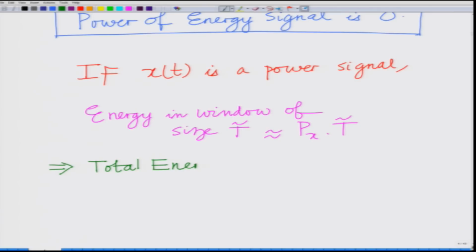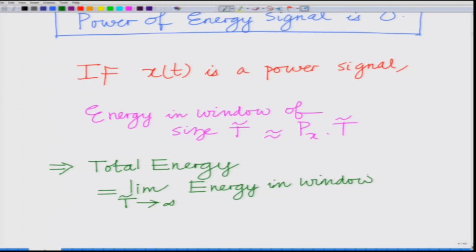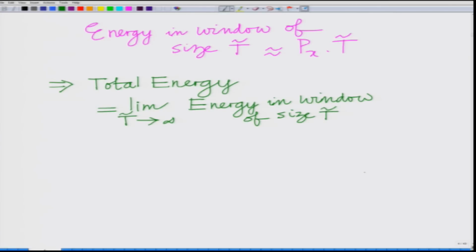Therefore, the total energy equals the limit as t tilde tends to infinity of the energy in a window of size t tilde, which is equal to the limit as t tilde tends to infinity of P x times t tilde.